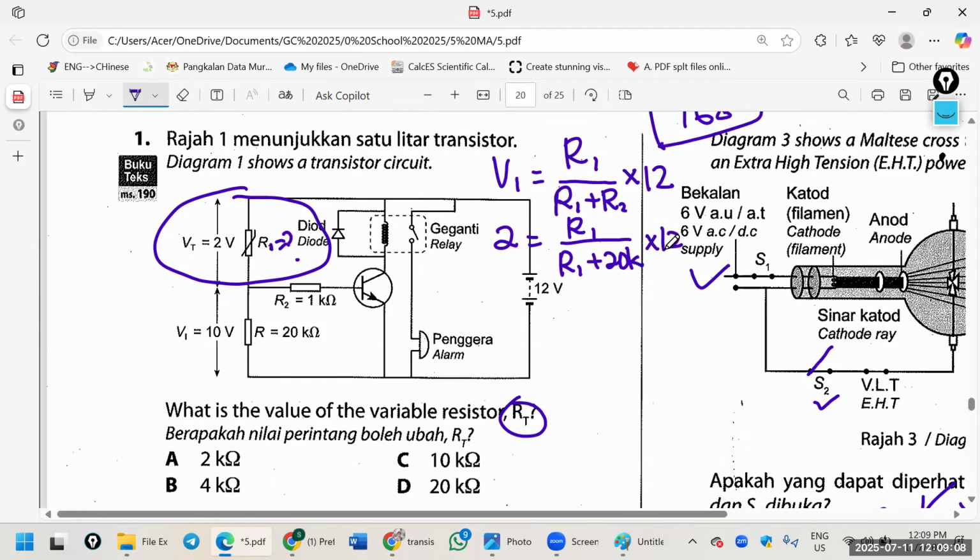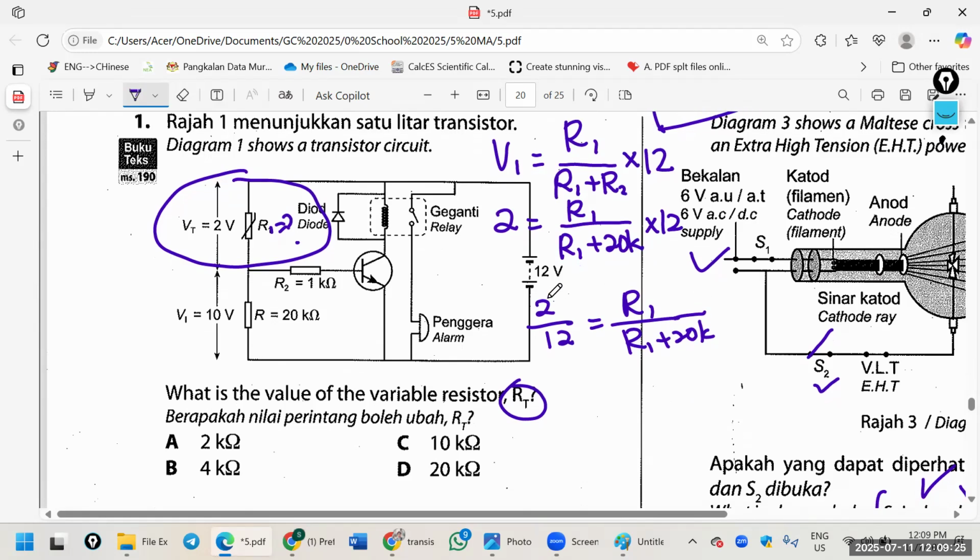Okay? Then 2 over 12 equals, we move the 12 to the other side, we will get a fraction on both sides. Okay? So 1 over 6, then we cross multiply.